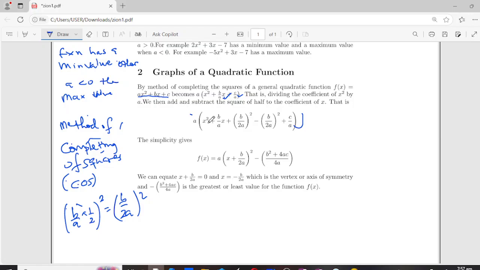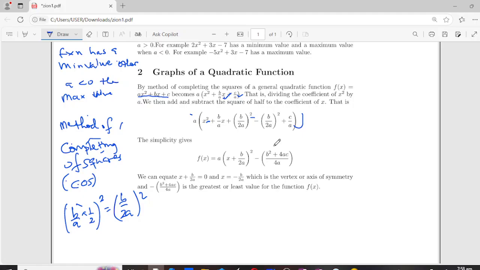Because here the coefficient of x squared, we see that its highest power is 2, and once we come to this constant b over 2a here, we see that its highest power is also 2. So we can group them into like terms, and then we'll have a into bracket x plus b over 2a all squared, then minus.